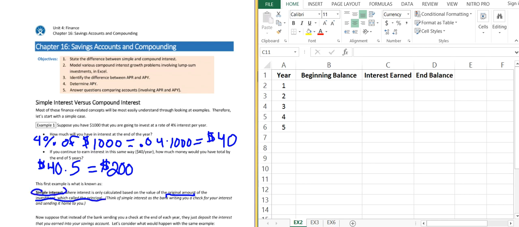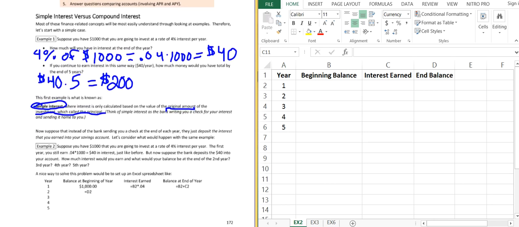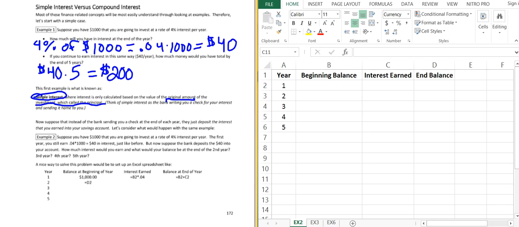So that is what simple interest is all about. And there are some things that function this way. A lot of bonds, treasury bonds and things like that, will have this type of interest, what we call simple interest.